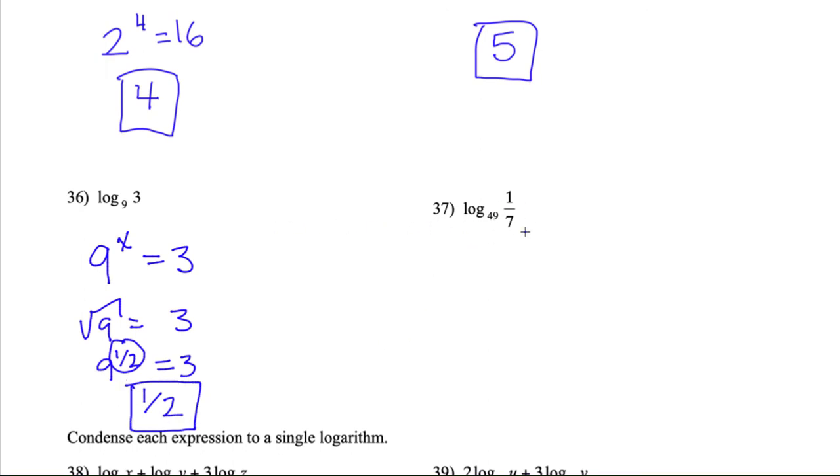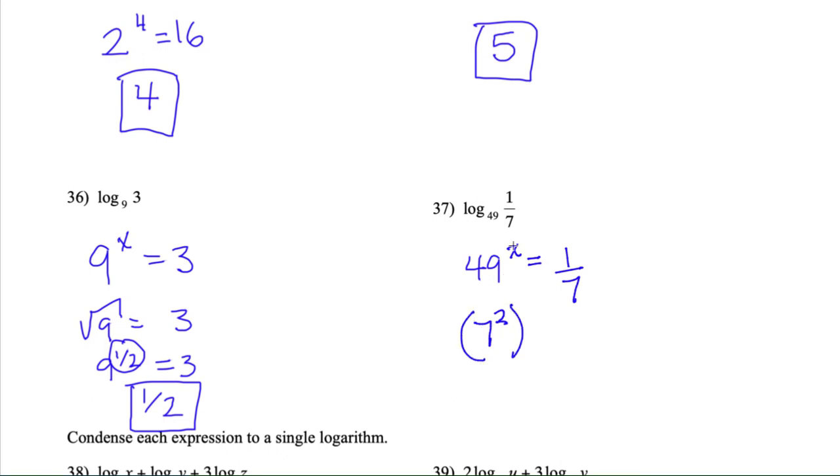Same thing here. It is very similar. The square root of 49 would be 7, but how do I get it to negative 1/7? So again, the question here is 49 to what power, what x power, gives me 1/7? Or I can ask this another way. I'm going to do it slightly different than problem number 36. I'm going to say 7 to the power of 2 is 49.